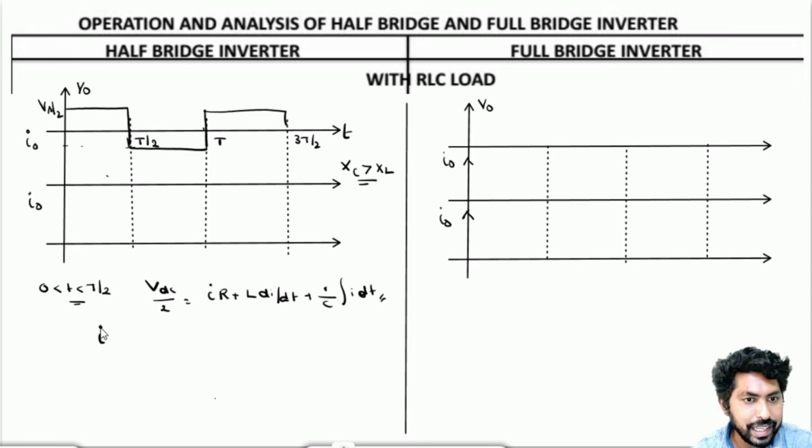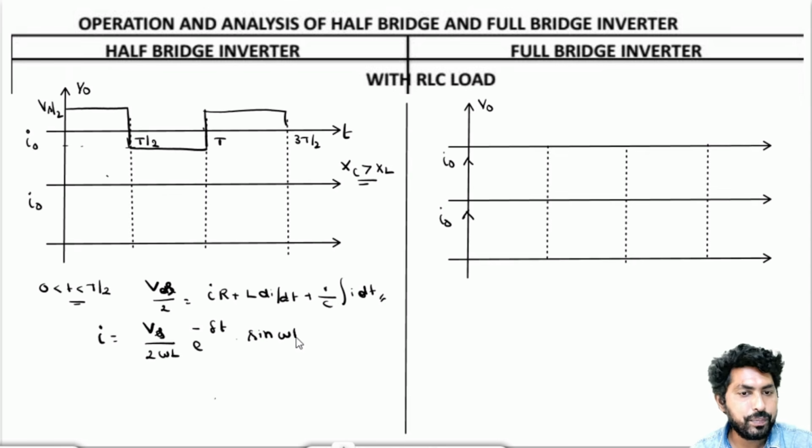So we'll get I as Vs by 2 omega L into e power minus delta t into sine omega t, where omega equals square root of 1 by LC minus R by 2L whole square, and delta equals R by 2L.